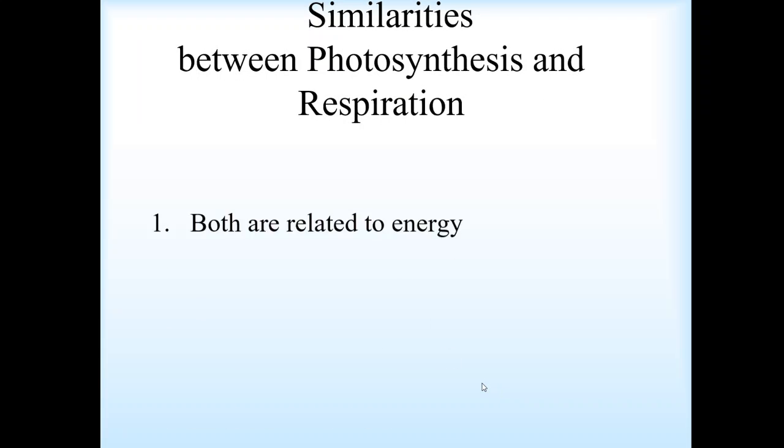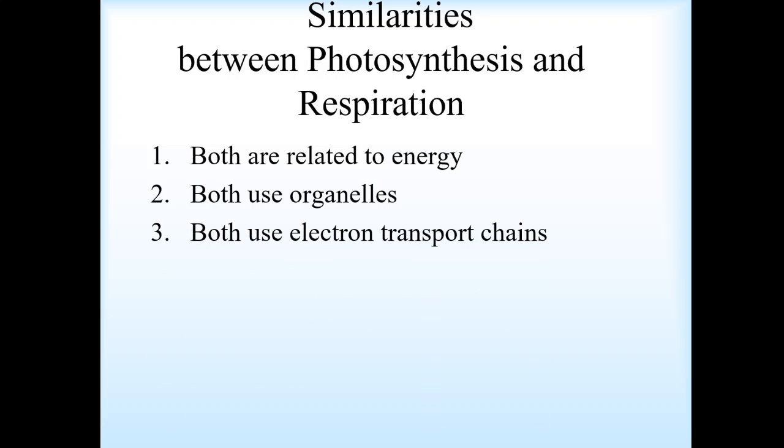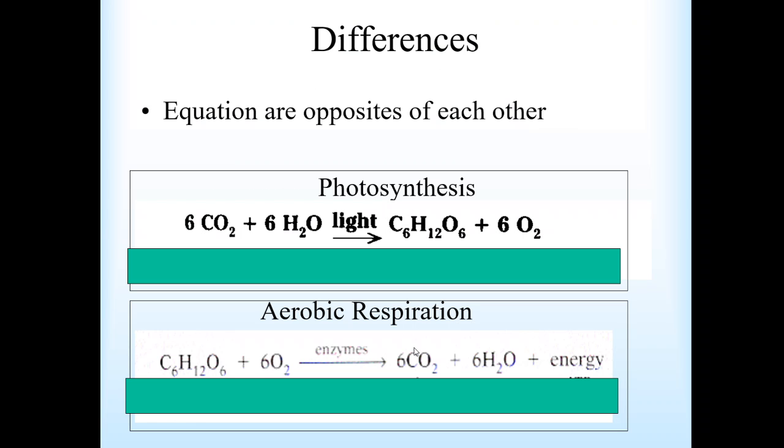Okay. So similarities between photosynthesis and respiration. Both are related to energy. We're making ATP in both of them. Okay. Both use organelles. They use different ones, but they both use organelles. And both use what we call electron transport chains. And you'll learn more about electrons in chemistry, okay?